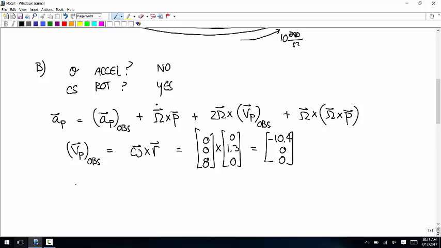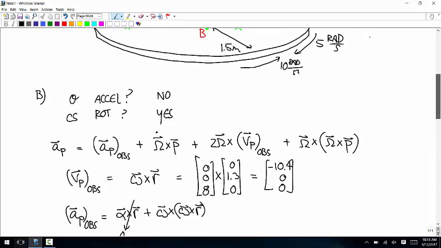And then same idea for the acceleration. This is the watermelon equation. So alpha cross r plus omega cross quantity omega cross r. There's no angular acceleration of the arm.